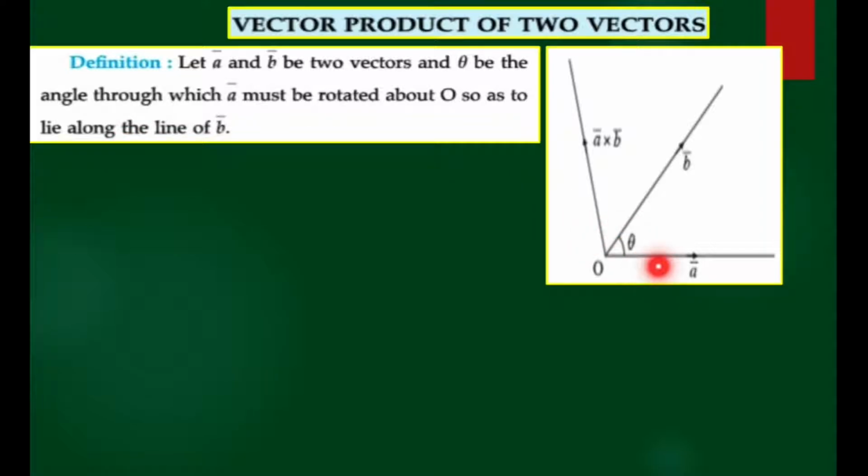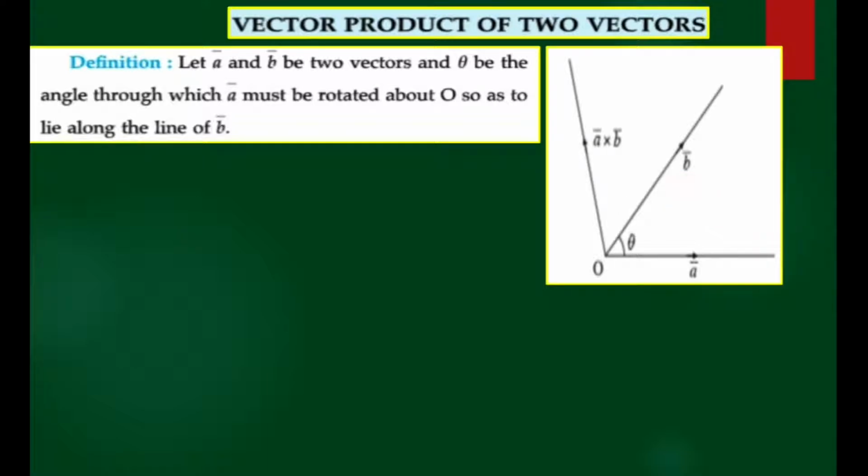That means we rotate this vector A about this fixed point O such that vector A lies along vector B. So the cross product of vector A and vector B is denoted by A bar cross B bar. Now if you observe, this vector A bar cross B bar is perpendicular to both vector A and vector B.